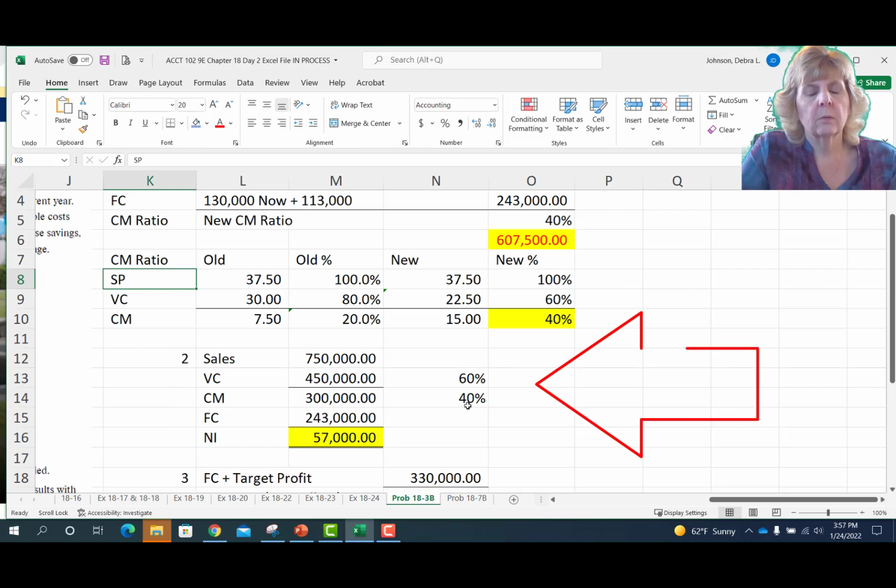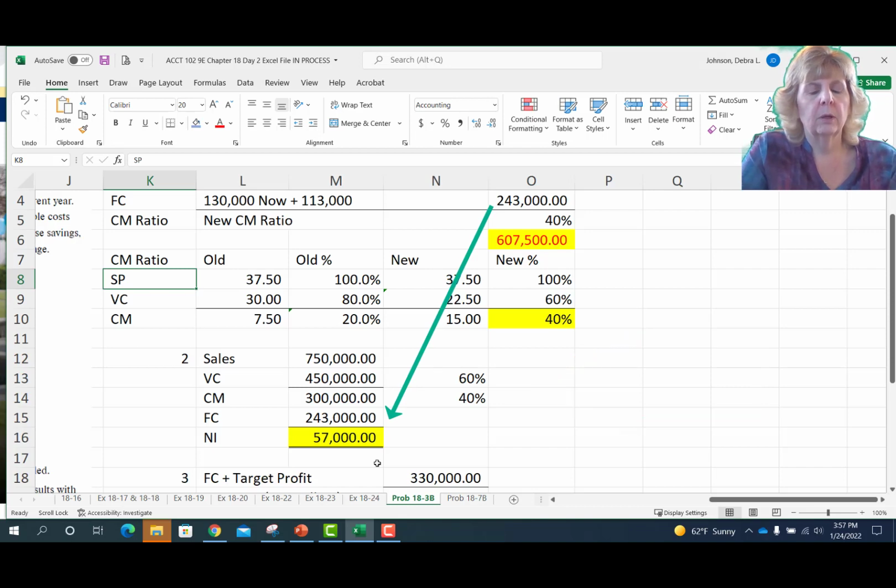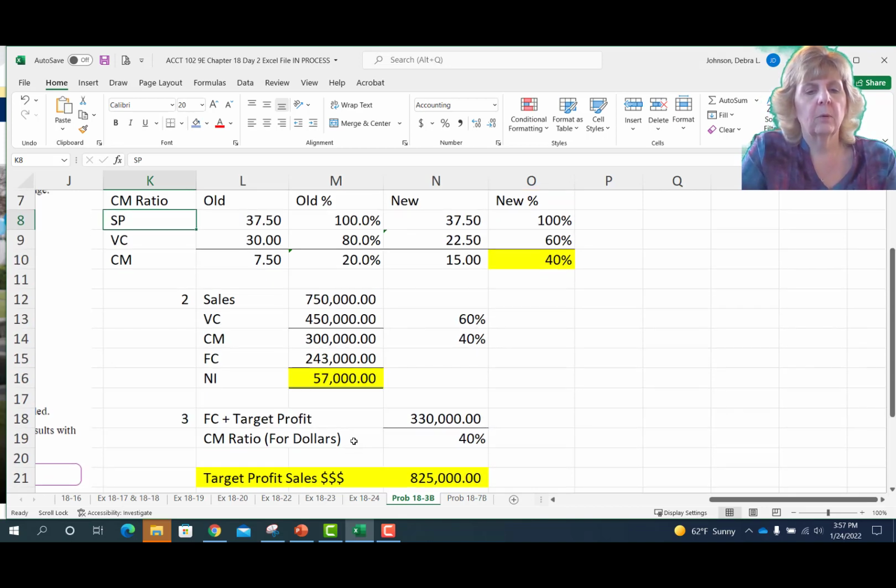If the contribution margin was 40%, automatically the variable costs are the opposite at 60%. And the fixed costs we computed in number 1 above. When we put that managerial income statement or contribution margin income statement together, the company would generate a profit of $57,000. But they're not happy with that.